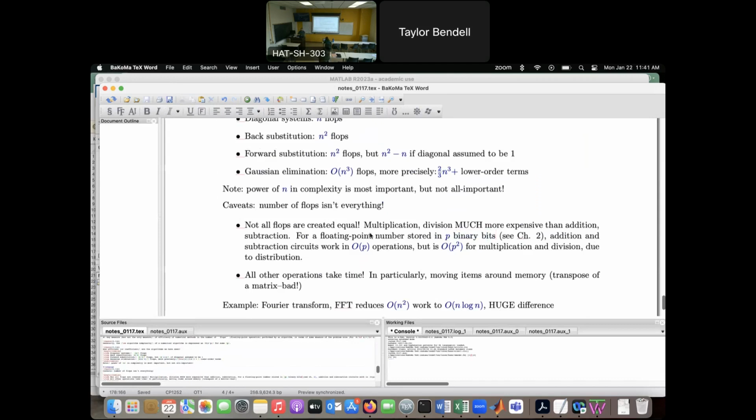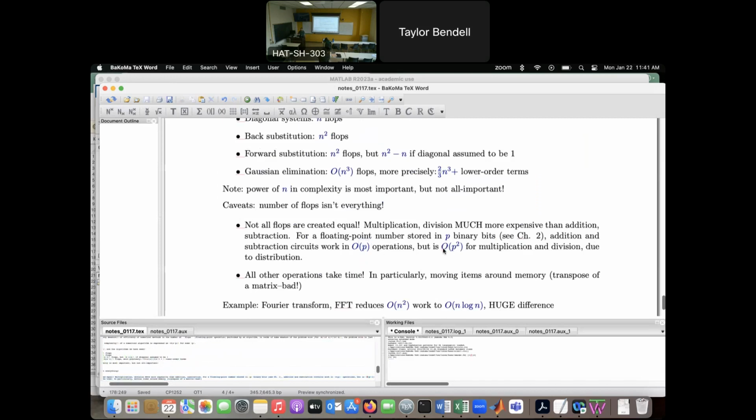Addition and subtraction take order p operations, working on all those digits. You learned it on decimal digits, but the same is true in binary. With addition and subtraction, you line up your digits and work on them. Whereas with multiplication, every digit interacts with every other digit. It's like a big old FOIL operation. You just didn't think of it that way.